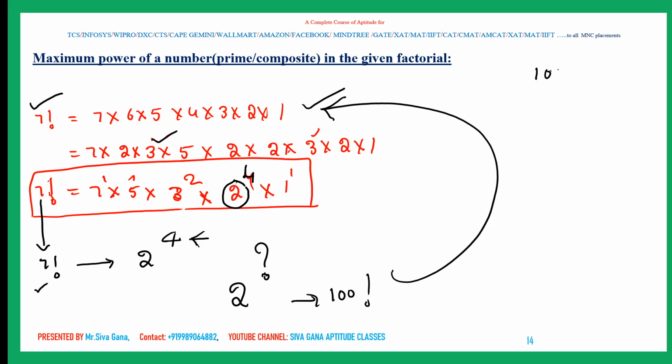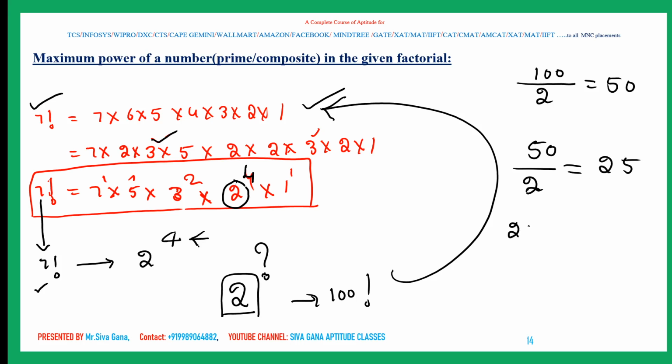Given factorial is 100. We need the maximum power of 2, so divide by 2. How much are we going to get? 50. Now again divide this 50 by 2, we get 25. 25 divided by 2 gives 12.5. Just neglect this decimal part, my dear viewers. Now 12 by 2 is 6.